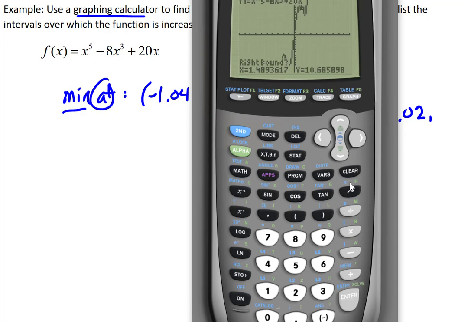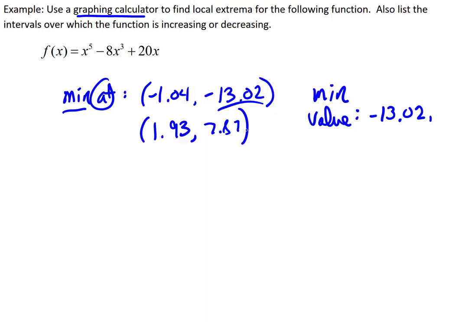Then it's going to ask for a right bound, so scroll past it to the right and hit enter there. And then for my guess, I want to scroll back to the bottom of where that graph seems to be. Hit enter. It'll think and give us that minimum value. The second minimum point occurs when x is 1.93 and y is 7.87.